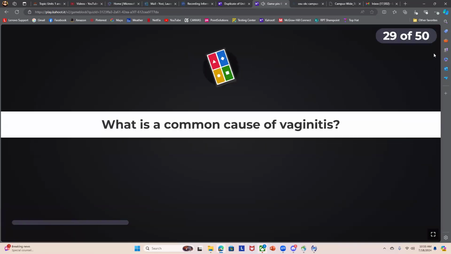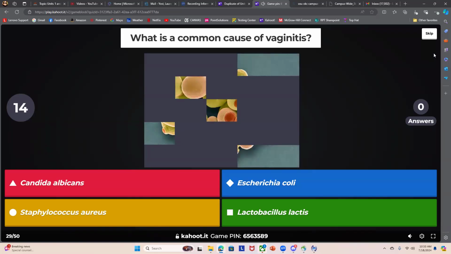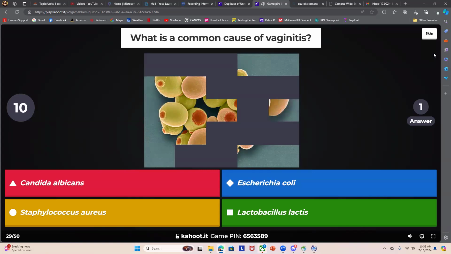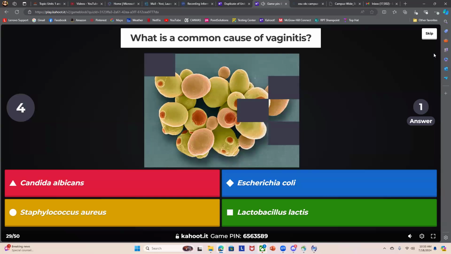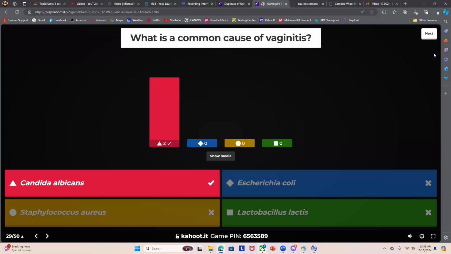So what is a common cause of vaginitis? Remember what we said about itis? Alrighty, so Candida albicans is yeast, so that image was actually slowly building up to show us budding yeast.